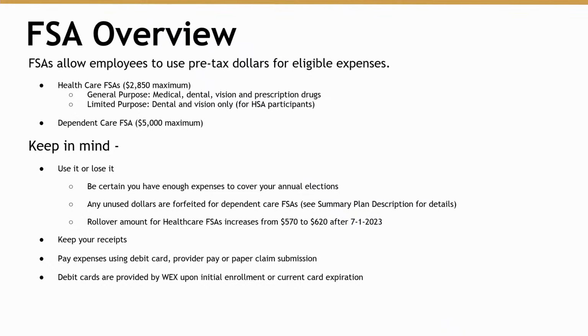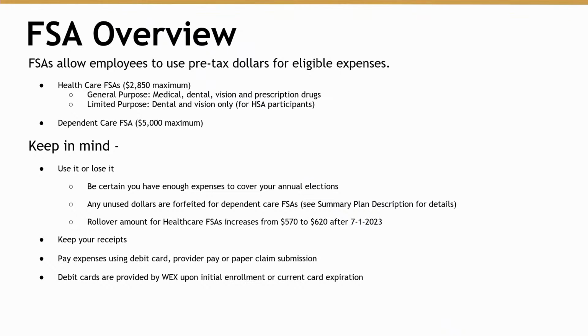You can do it at the provider, or you can submit paper forms if you pay those bills from another source. The debit cards are generally provided by WEX at the time you enroll or when the cards expire. So if you use all of your money in your FSA during the course of the year, don't throw the card away, because you'll want that the next year when you re-enroll.